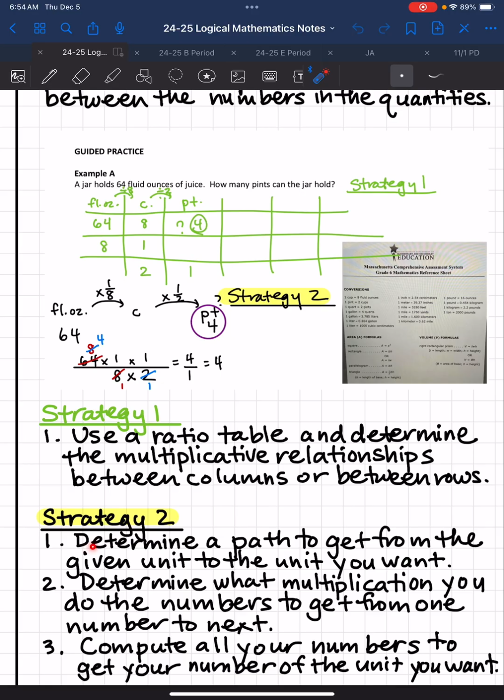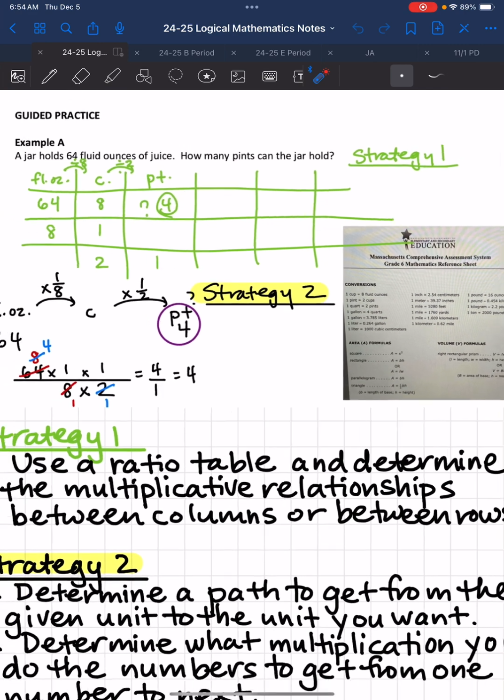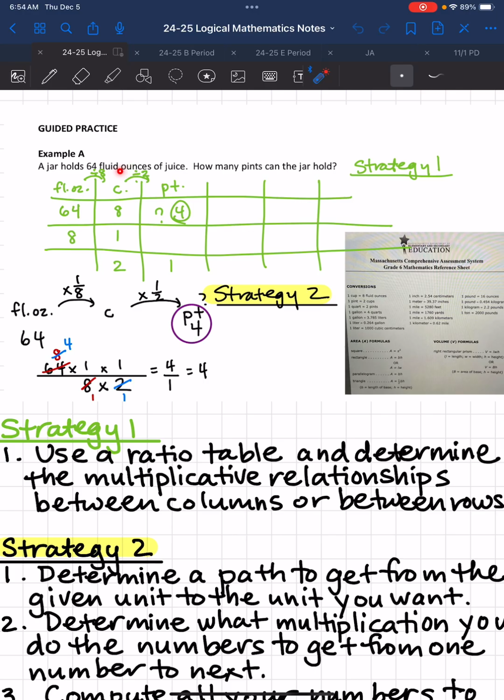All right, the first step is we want to figure out if we are given, say, 64 fluid ounces, we want to find a path that can get us from fluid ounces to the unit that we want. In this case, the unit that we want is pints. So I'm going to look at my reference sheet, and I'm going to start at fluid ounces, and I want to find a path to get to pints, okay?